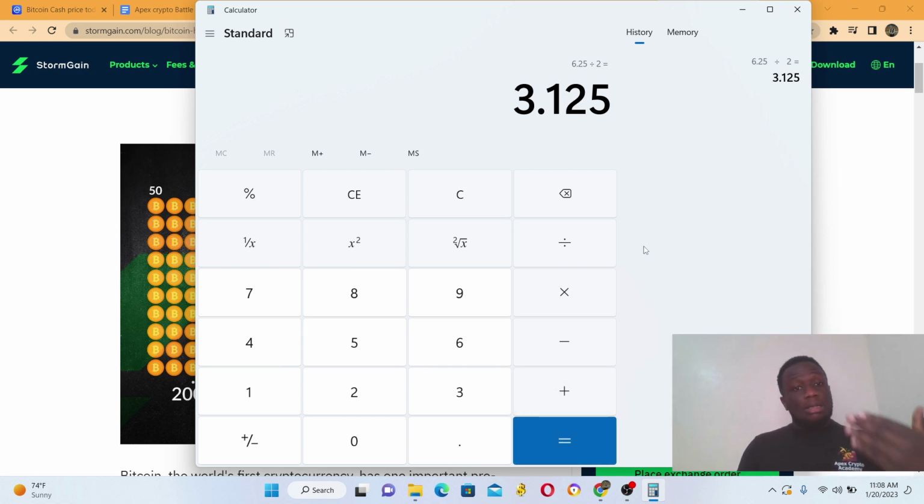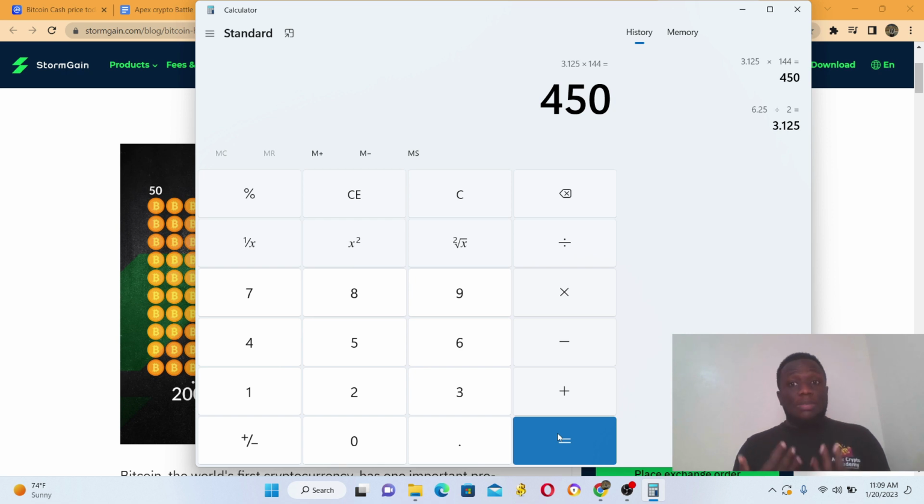That implies that the reward is gonna be cut into half. So if you take this, 3.125 multiplied by 144 blocks, that's gonna give you 450 bitcoins. That means fewer bitcoins being released, more demand, of course, market goes parabolic, market goes bullish.